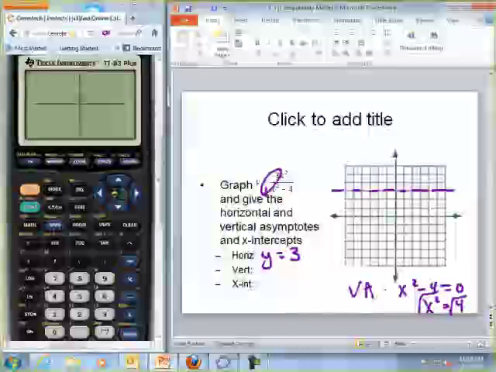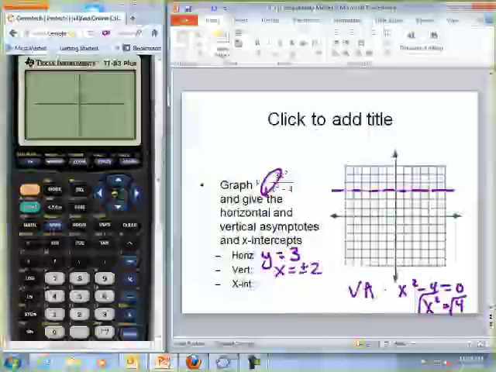Square root of 4. 3 and 1. -2. There you go. Put them together, plus or minus 2.